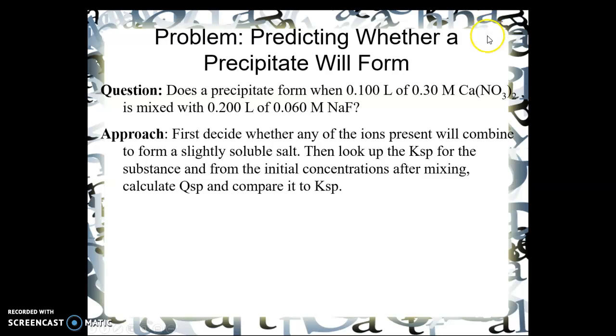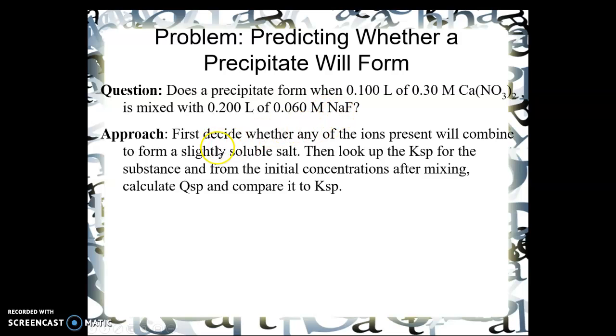Next type of problem, the one we see frequently on undergraduate tests, is predicting whether a precipitate will form if we know the KSP. So we ask, does a precipitate form when 0.1 liters of 0.3 molar calcium nitrate is mixed with 0.2 liters of 0.060 molar sodium fluoride?